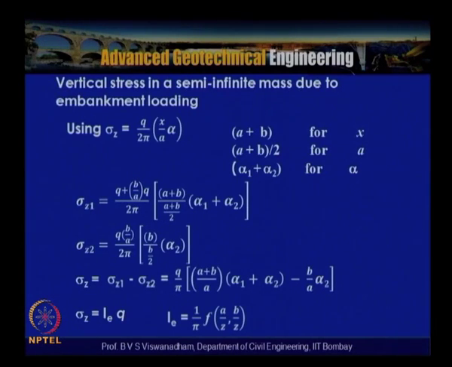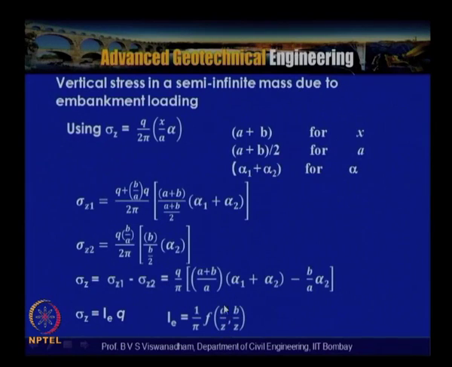Now, this is indicated as sigma z is equal to I, the influence factor, that is IE, the influence factor for embankment loading, where IE is this entire multiplication, 1 by pi into a plus b by a into alpha 1 plus alpha 2 minus b by a into alpha 2, which is actually a function of a by z and b by z.